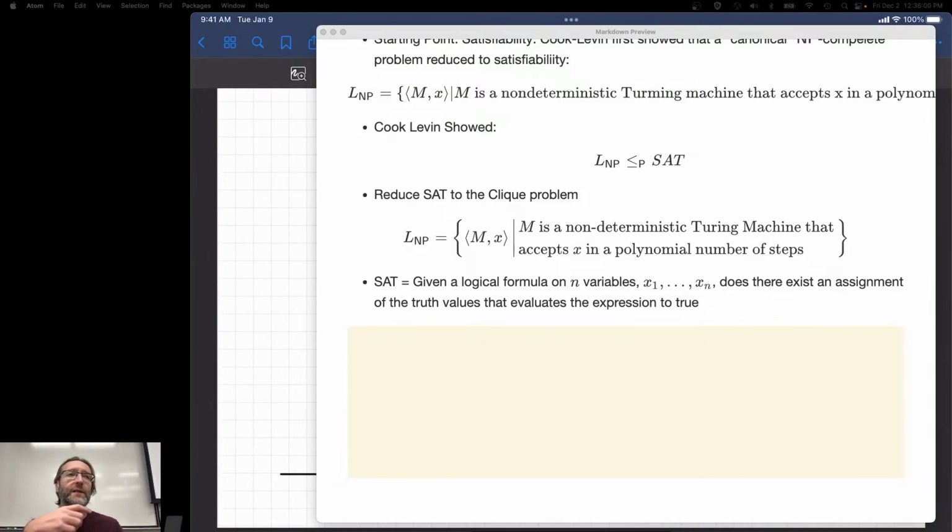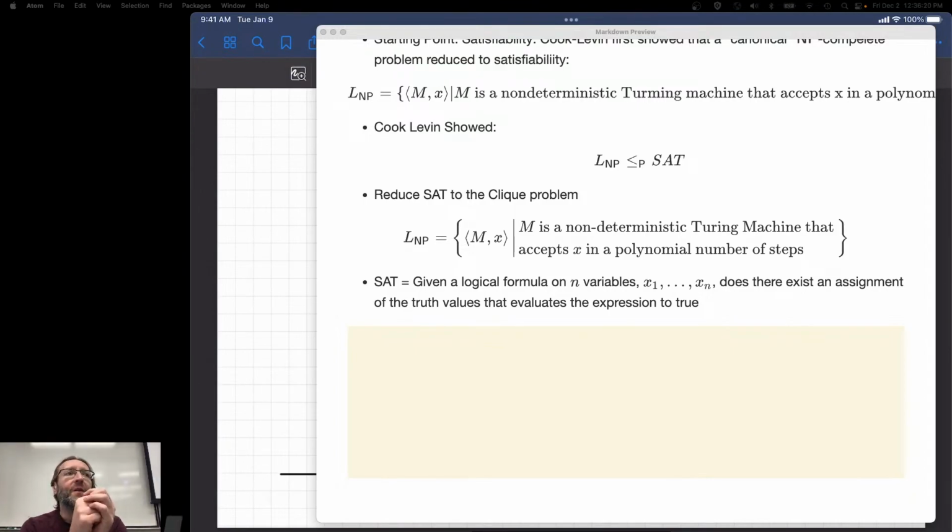That's the satisfiability problem. Basically, they showed that you can take a computation of a non-deterministic Turing machine, encode it as a SAT problem, as a logic problem, and then the question becomes, does there exist an input that will evaluate to true? And this is actually not that difficult to show.